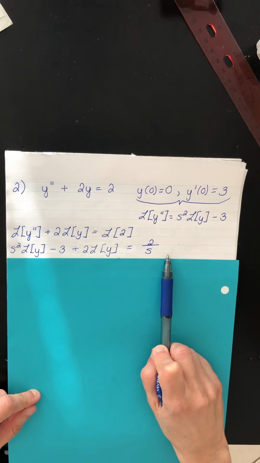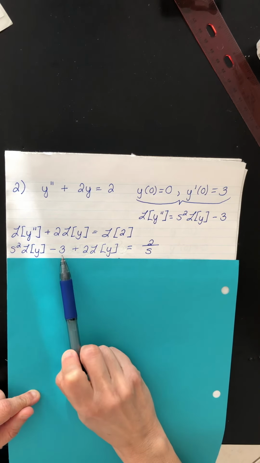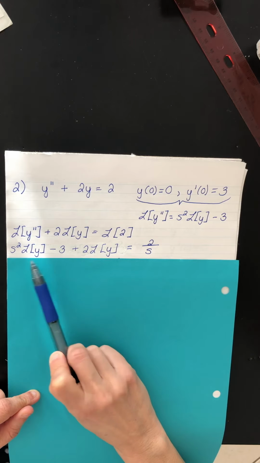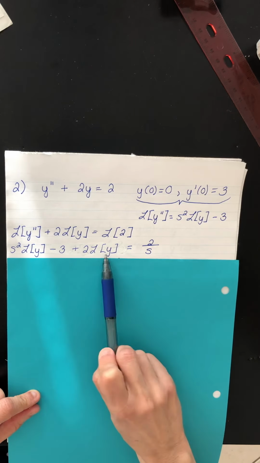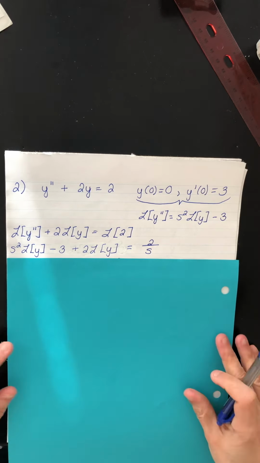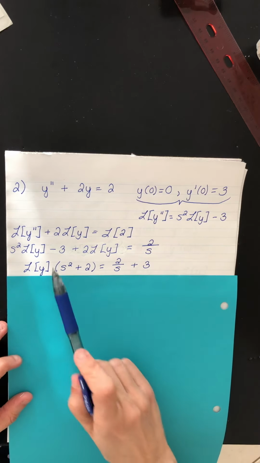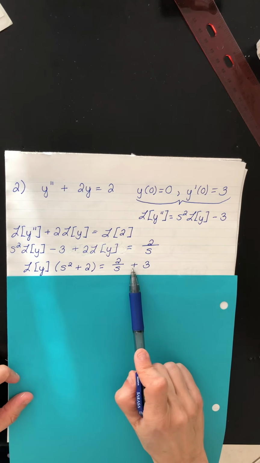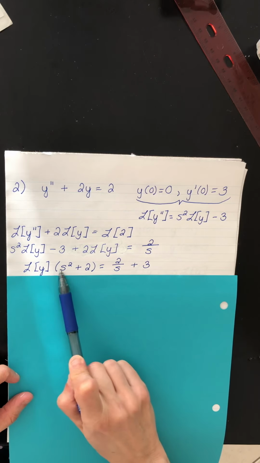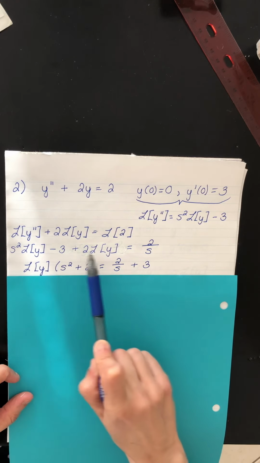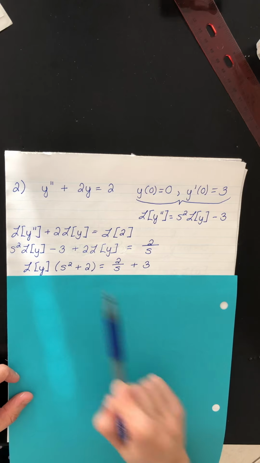We're trying to isolate L of y, so this term moves to the right side, and L of y will be common factored from these 2 terms. Okay, so you can see this term on the right, of course it is added, and here we have s squared plus 2 in the bracket.